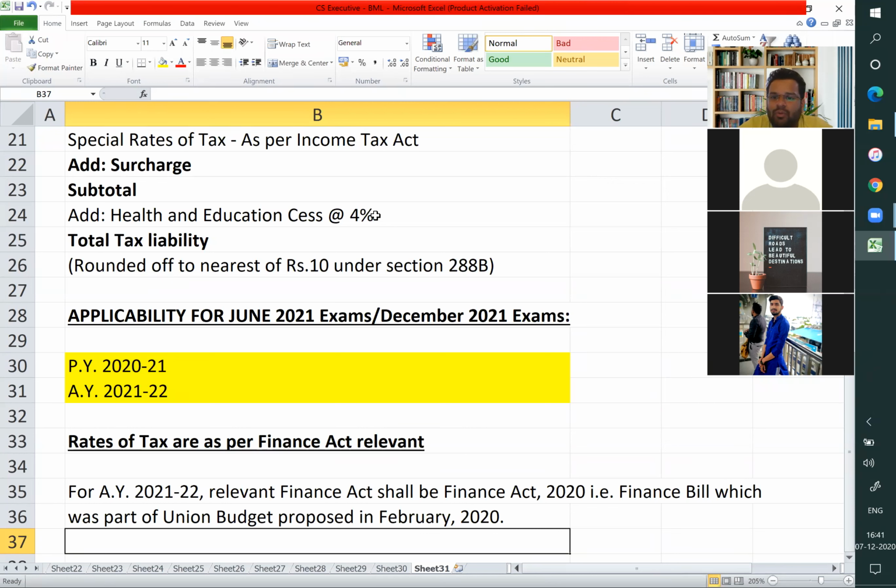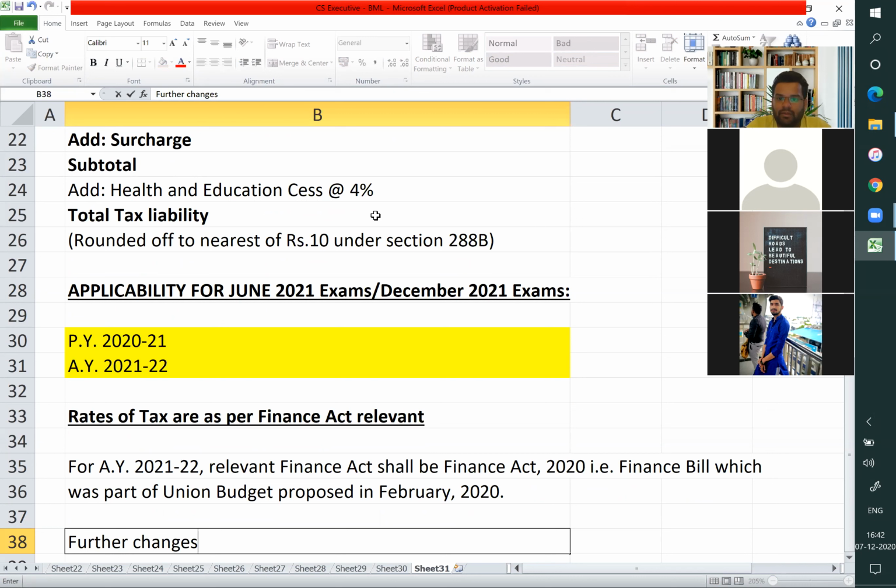So it is a very common question of students. When that Feb budget happens, there will be some changes and new rates of tax. Students commonly ask me, sir, are these applicable to me? My answer is no, because you are writing the exam in June 2021, or at worst in December 2021. So those changes are not applicable to you. Got it?